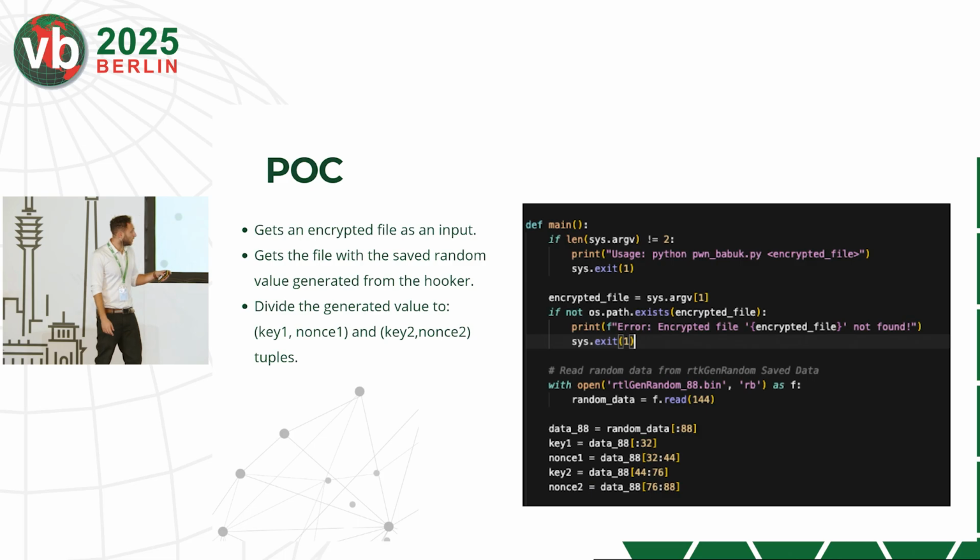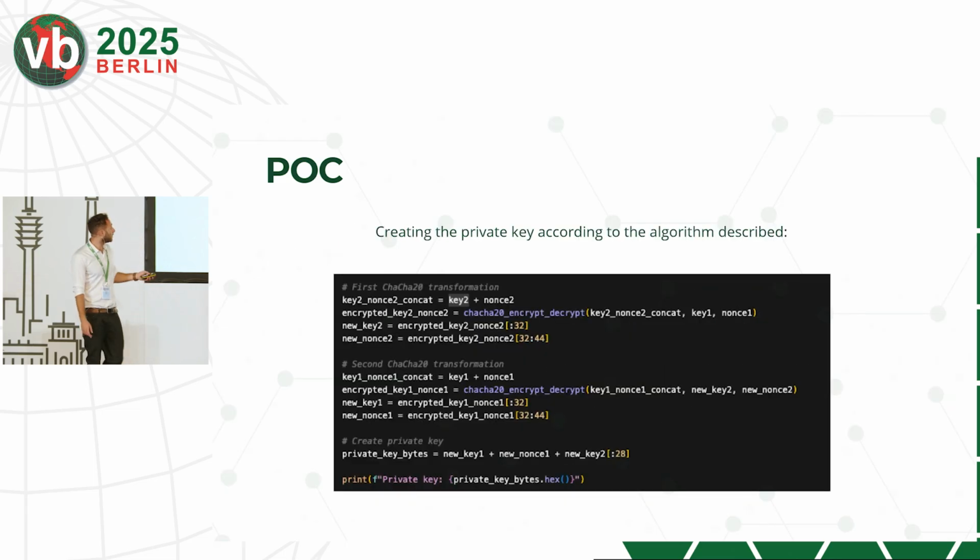We read the bytes from the RTL generated. It's supposed to be 88, sorry. And then we take only the first 88 bytes and we divide them into 4. Then we do the encryption, decryption exactly as is. Please mind that usually when we want to decrypt, we do the opposite, right?